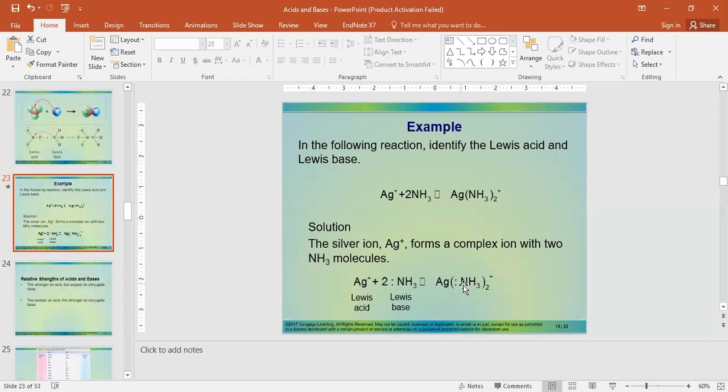It doesn't need one ammonia. This is a case whereby you look at it in terms of the central atom having either excess electrons or fewer electrons coordinated to it. So it is not a matter of satisfying the octet rule.